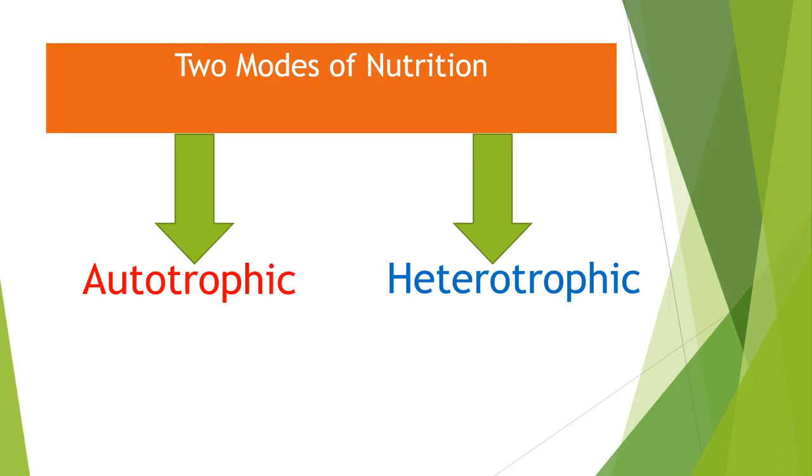Very important question. What are the two modes of nutrition and why are green plants called autotrophs? Green plants are called autotrophs because green plants prepare their own food. You have a habit of writing answers starting with "because".